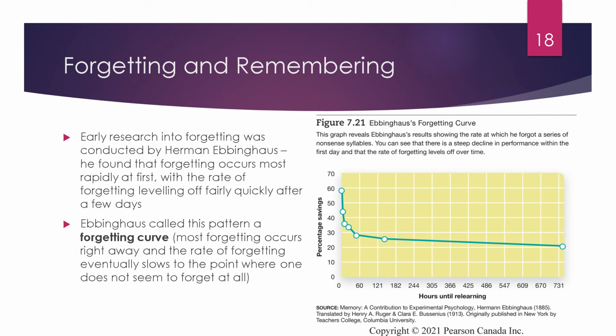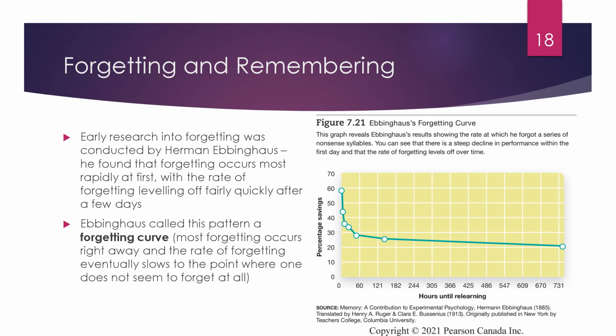Early research into forgetting was conducted by a man named Hermann Ebbinghaus. He found that forgetting occurs most rapidly at first, with the rate of forgetting leveling off fairly quickly after a few days. He called this pattern a forgetting curve. He said that most of your forgetting is going to occur right away. If you look at the graph here, within the first 60 hours, pretty much all of the forgetting has occurred.